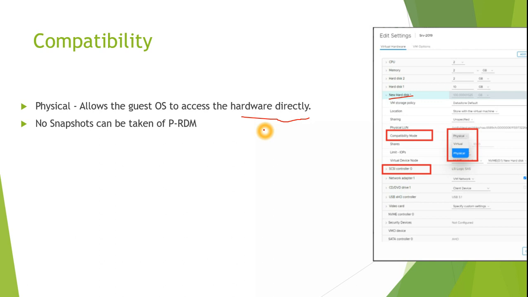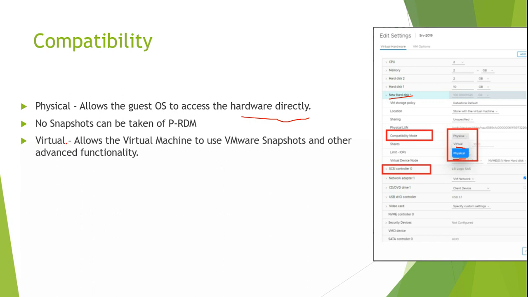Okay, and again, I was talking about pros and cons, right? One of the biggest disadvantages of having a physical RDM is you cannot take snapshots. You can take snapshots where you have virtual RDMs, which is the other option here, but when it is physical, you can't.